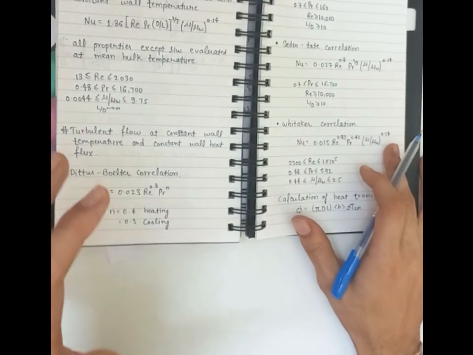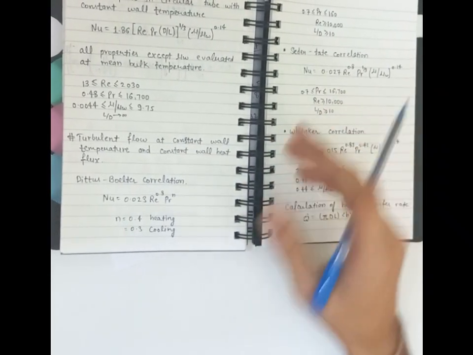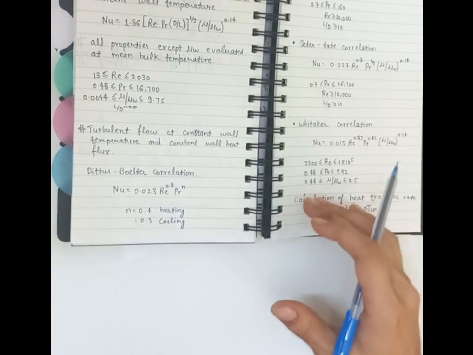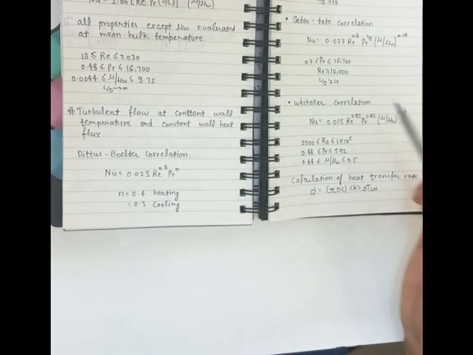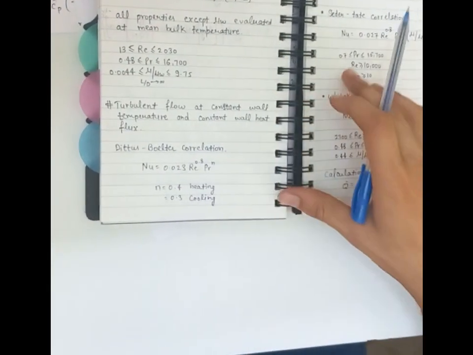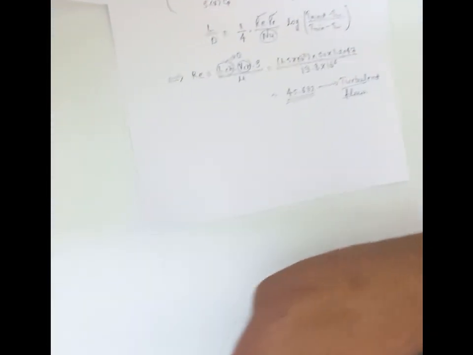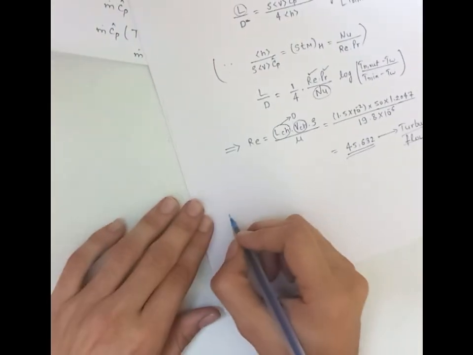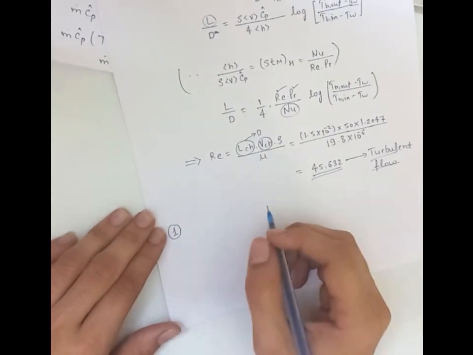But for this problem, we need to compare the lengths and the L by D ratio we get from all these relations: Dittus-Boelter, Sieder-Tate, and Whittaker correlations. By comparing them and analyzing the solution, we need to make a result. So we're going to use all three relations. For the first one, we're going to use the Dittus-Boelter correlation.